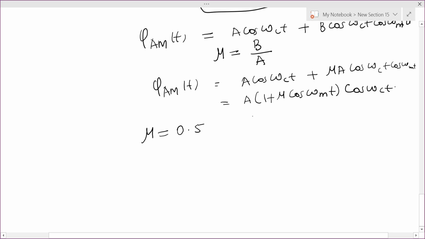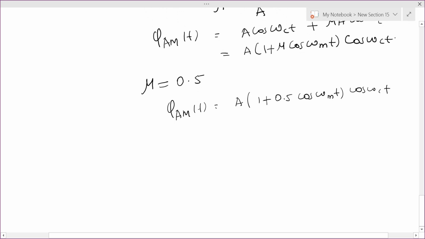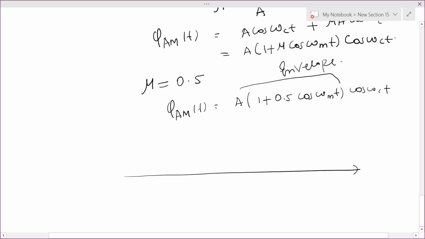So what will be phi am of t? It will be a into 1 plus 0.5 cos omega mt times cos omega ct. How to plot it? See, first you should plot this part. This is called the envelope part. It is a slowly varying signal.